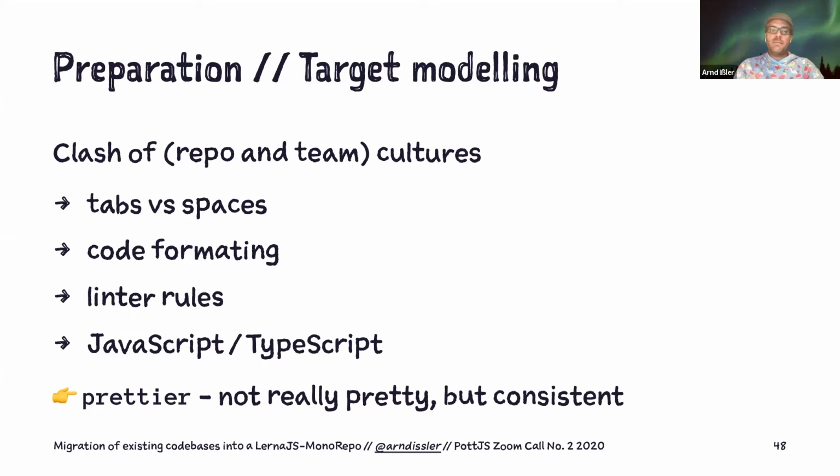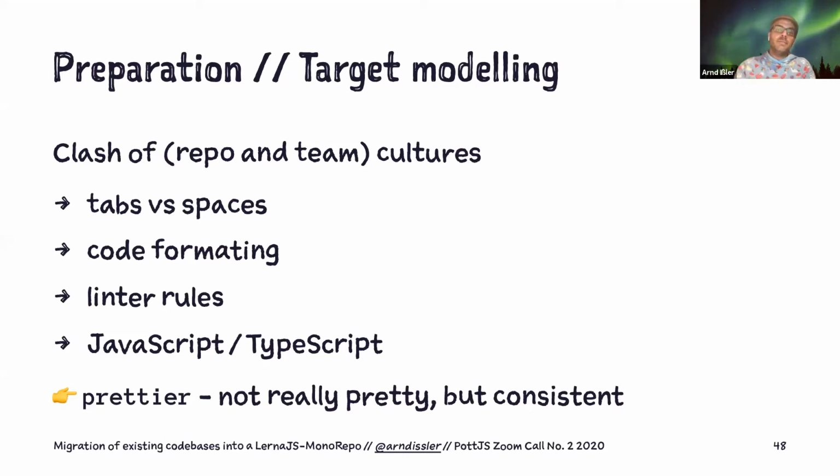Do not underestimate these topics here: the clash of repo and team cultures. If you have multiple teams and multiple projects which they are responsible for, then you have maybe slightly different code styles, tabs versus spaces, code formatting. They have different linter rules, some using JavaScript, some using TypeScript.